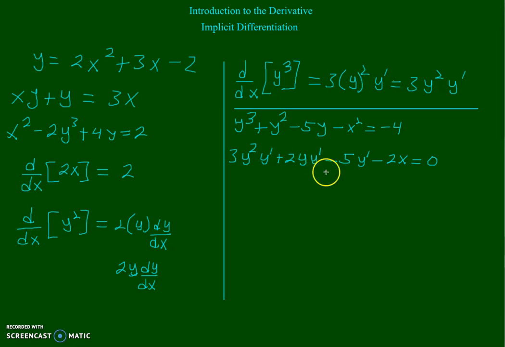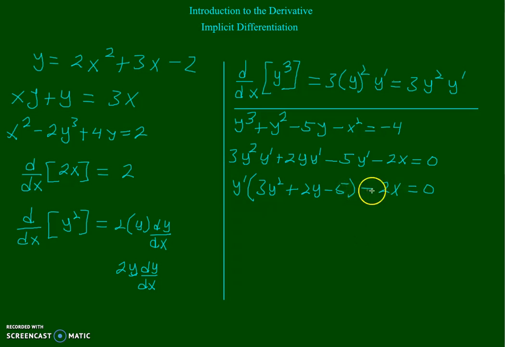So here, luckily, we have 3 terms all with y prime, so we can factor the y prime out. And we're left with 3y squared plus 2y minus 5, minus 2x equals 0.